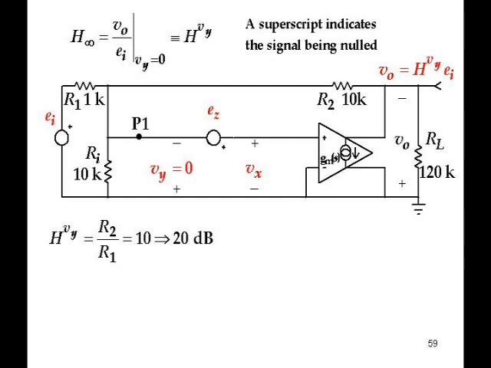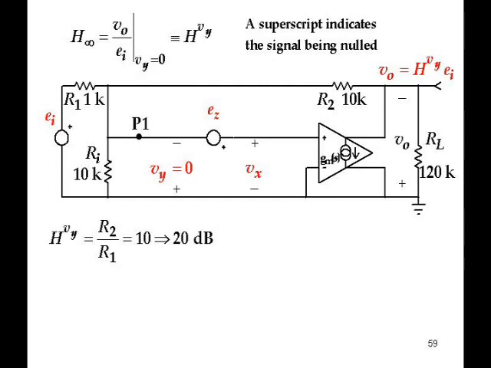And no current goes into Ri, so all of the current in R1 goes down the R2. The voltage drop across R2 is R2 times EI over R1. But therefore the output voltage, VO, is R2 over R1 exactly. No assumption of infinite gain anymore.